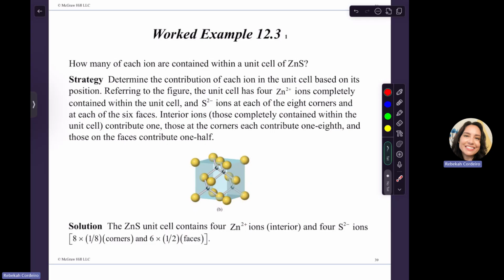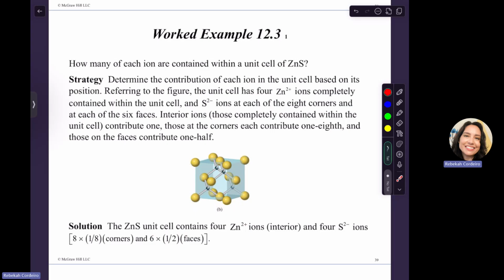Let's look at the sulfur ions. It's easier to think about the sulfurs. We know the sulfurs are face-centered cubic. And so face-centered cubic means that we're going to have 8 corners divided by 8, and then 6 faces divided by 2. And so our number of sulfurs is going to be 4.